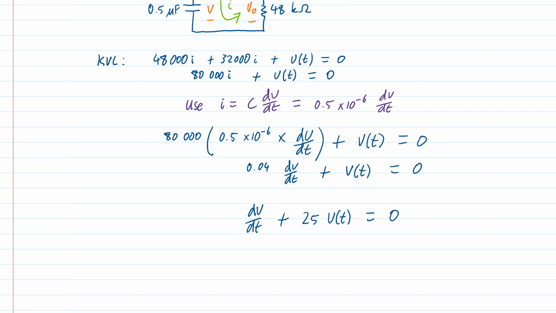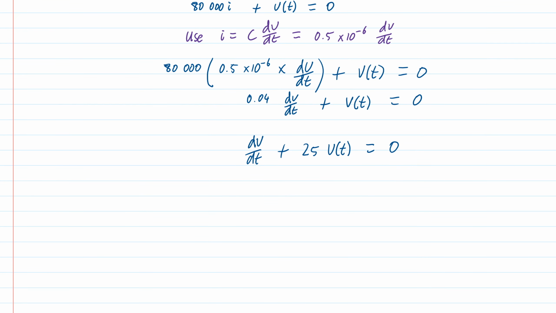Okay, a first order differential equation with constant coefficients, so we can solve this one by separation of variables. Let's bring the V to the other side and multiply everything by dt, so I get dV is minus 25 V dt. Bring the V over to the other side, so that's 1 over V dV equals minus 25 dt, which is something I can integrate.